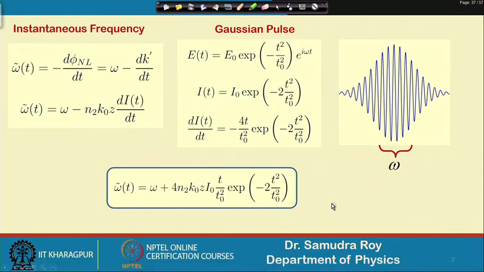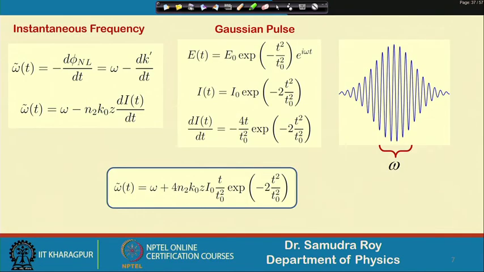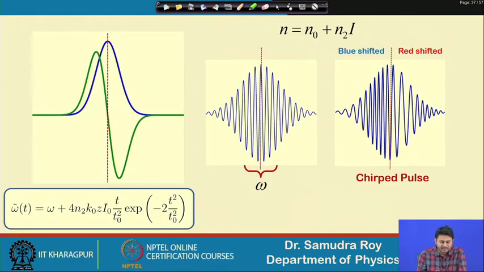Well, if I now use this expression as I mentioned, then we can plot this together, and we find the instantaneous frequency is now changing. This quantity is changing, so the instantaneous frequency has to change, and this is some sort of modulation over the frequency omega 0.